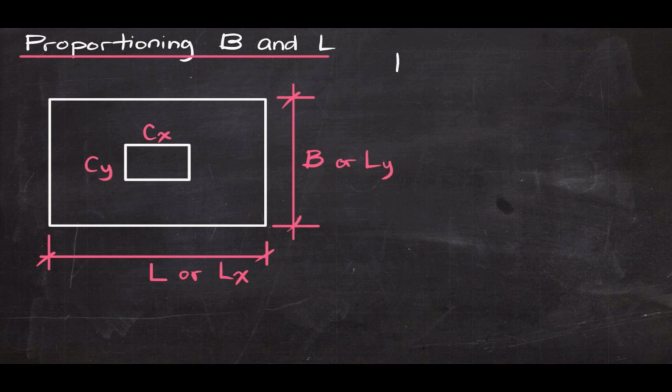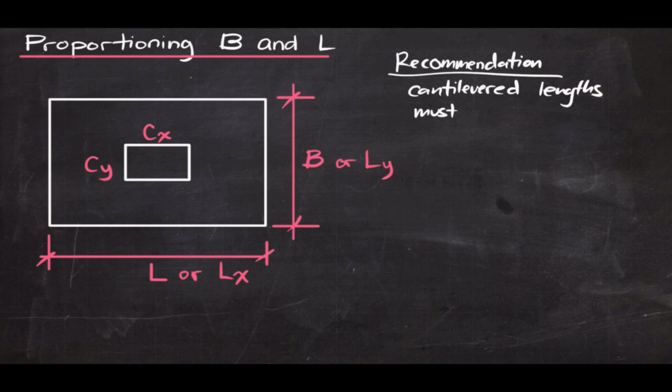So that is my recommendation. This is not actually a requirement for the design, but rather a recommendation that would make our lives easier. Actually, it's based on my experience that the cantilevered lengths must be equal.